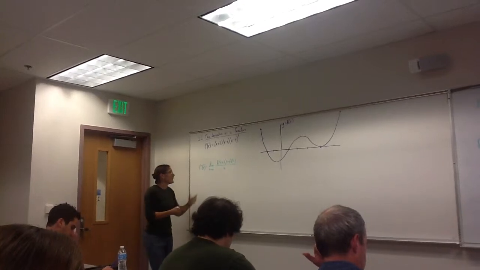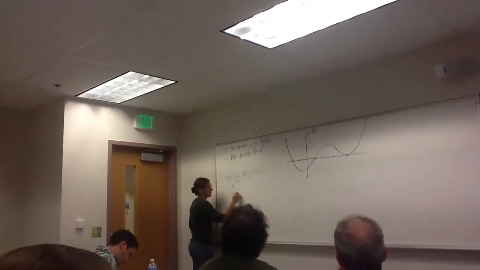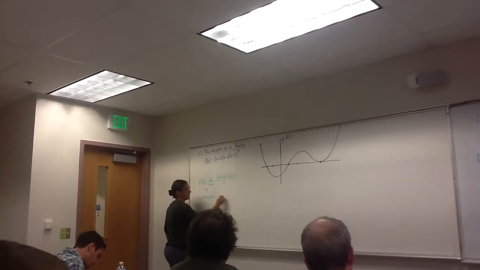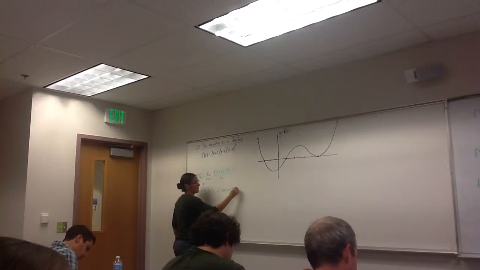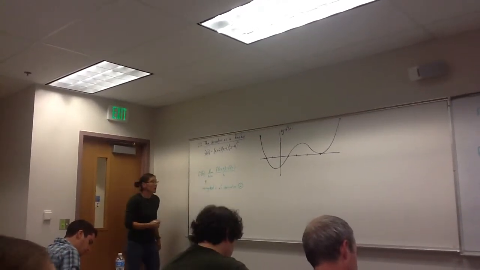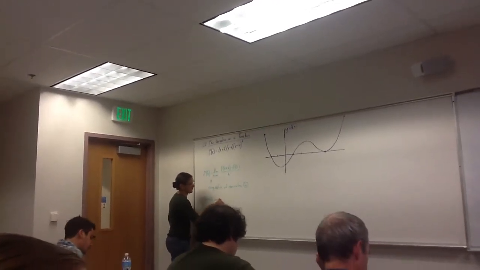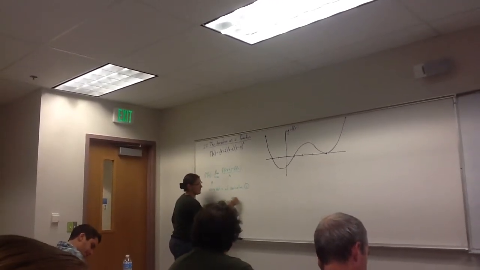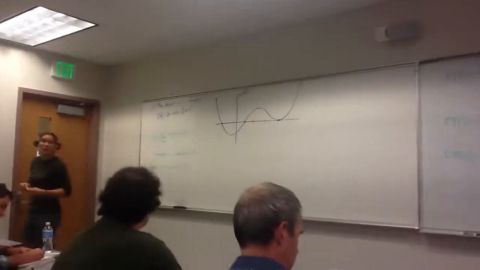So instead of calculating this derivative algebraically using our definition of derivative, which seems like a really bad idea, we're going to sketch a picture of what f prime of x looks like.